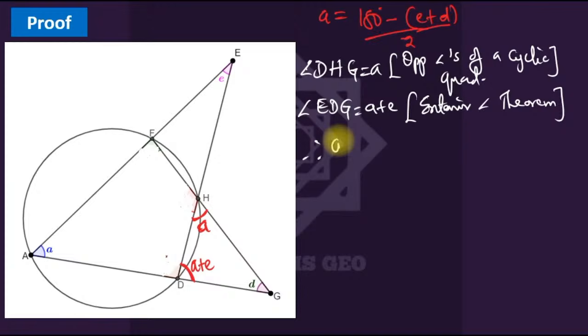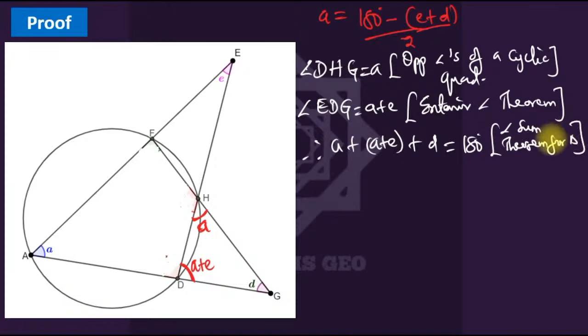Therefore, if you add A plus E and D, it will give us 180 degrees. Why? Angle sum theorem for a triangle. As you can see, remember we're looking for A. A plus A is 2A.